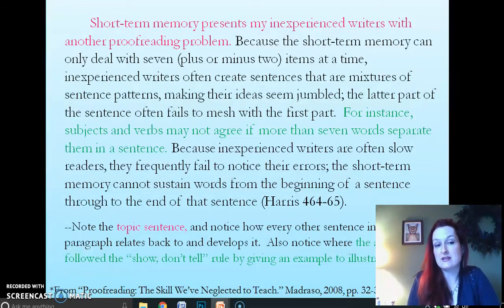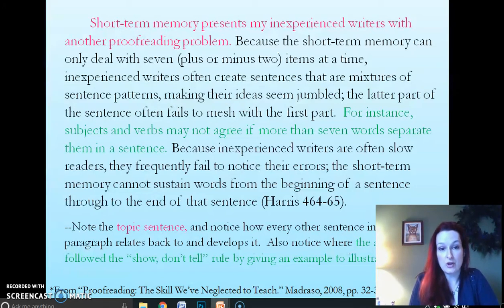The latter part of the sentence often fails to mesh with the first part. For instance, subjects and verbs may not agree if more than 7 words separate them in a sentence. Because inexperienced writers are often slow readers, they frequently fail to notice their errors. The short-term memory cannot sustain words from the beginning of a sentence through to the end of that sentence.